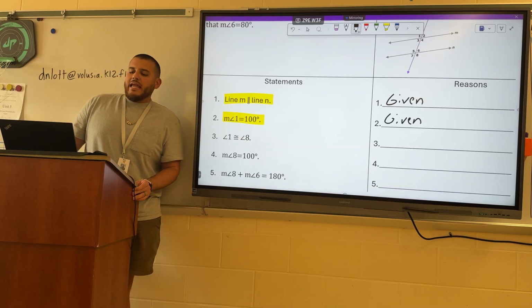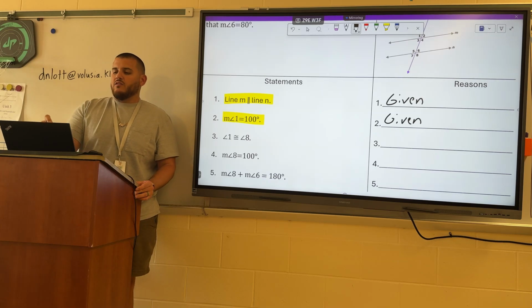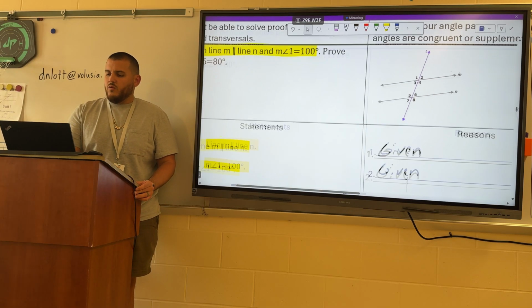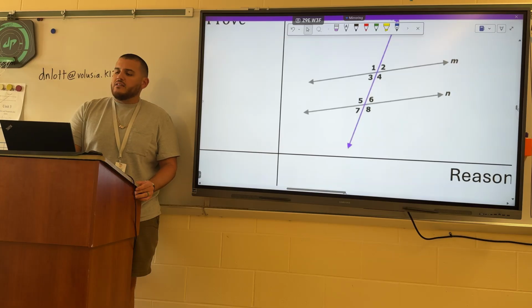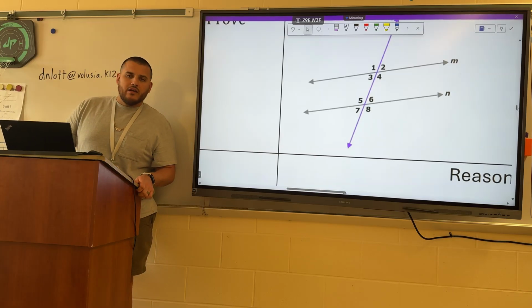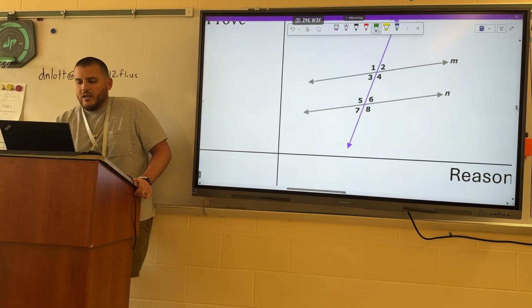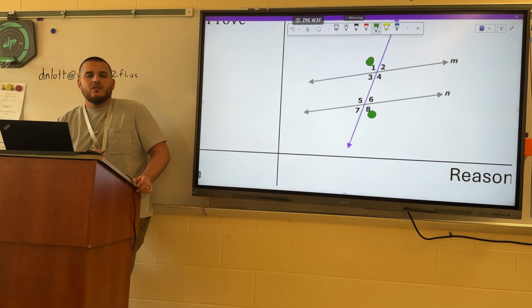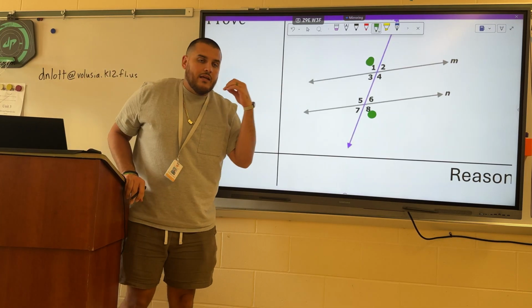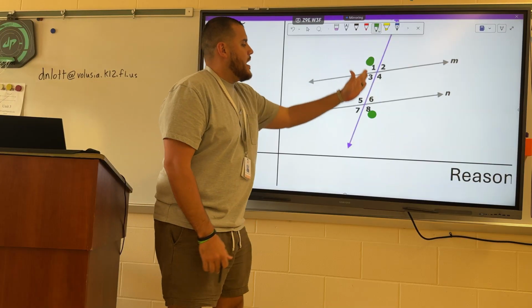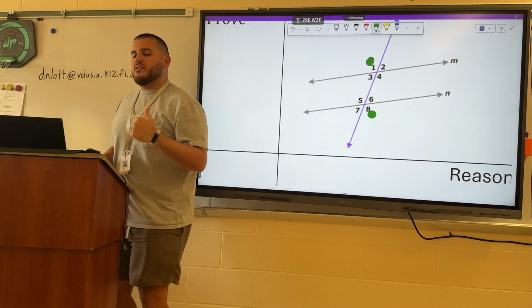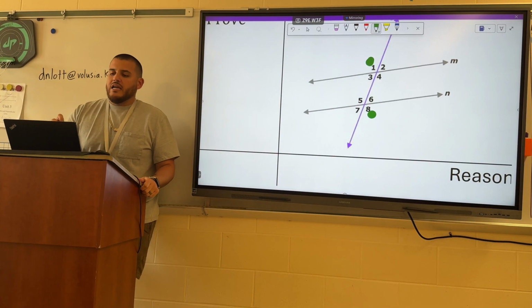Next, we have the statement that angle 1 is congruent to angle 8. So let's look at our figure, 1 and 8. We need to be able to recognize these angle pairs on our lines. 1 and 8 are exterior angles. They're outside lines M and N that are parallel in this figure. They're on opposite sides of the transversal. Remember, this is alternate exterior angles.